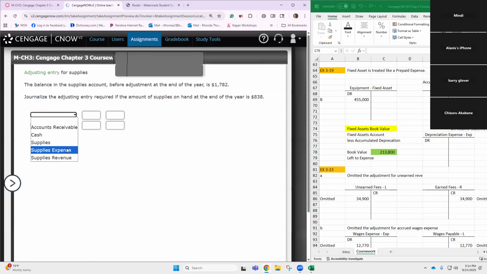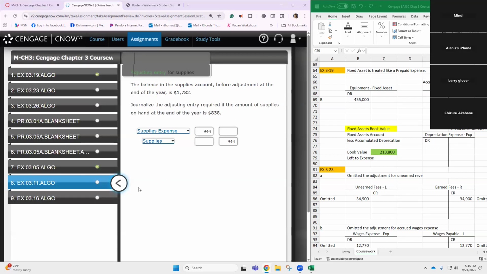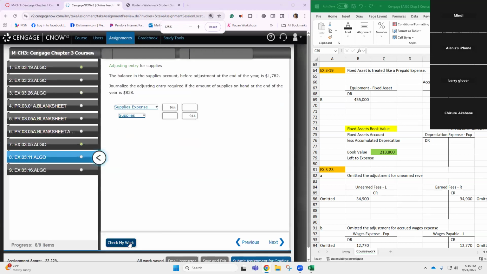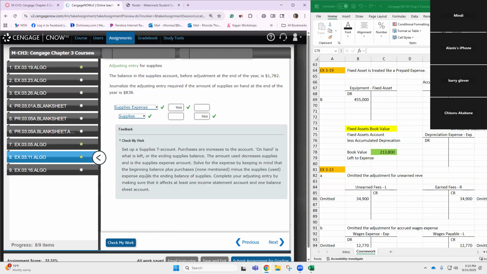Supplies expense gets the debit for the difference because they want to know how much supplies we used. And then the prepaid supplies asset account is going to go down. Once again, this is a year-end entry. Everybody good with that?